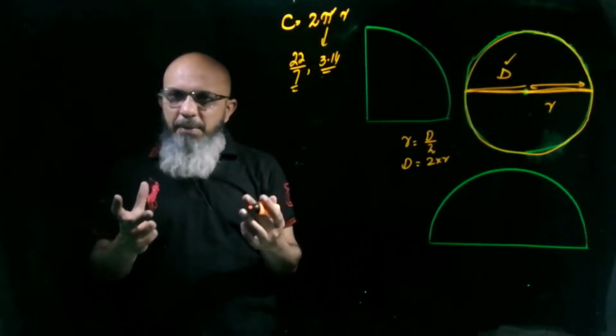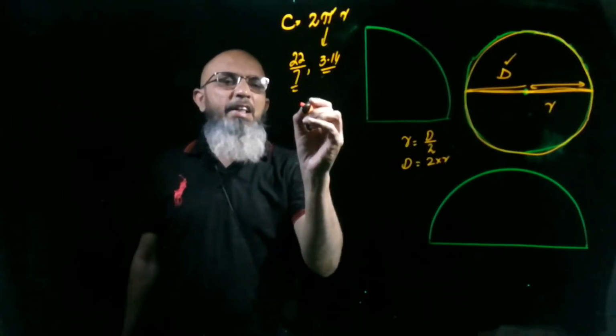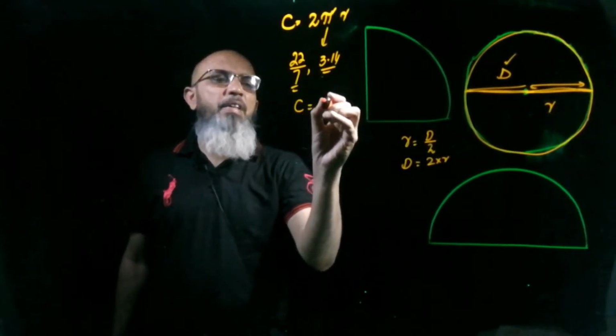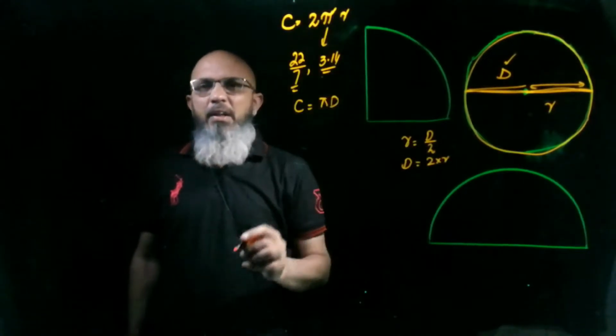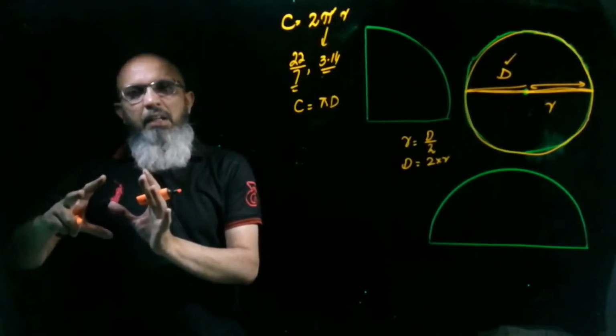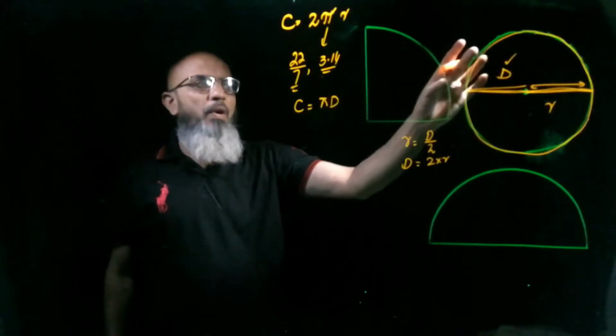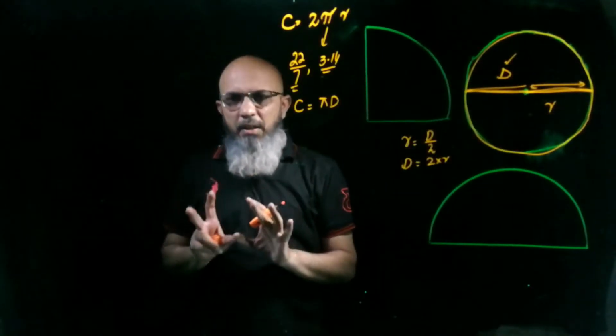Now if the diameter is given, diameter is double the radius, so it is quite easy: circumference is equal to pi d. Simply multiply the diameter with pi, that is 22/7, and we get the circumference of a complete circle, right?